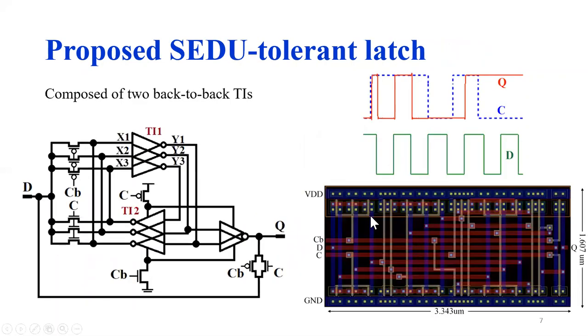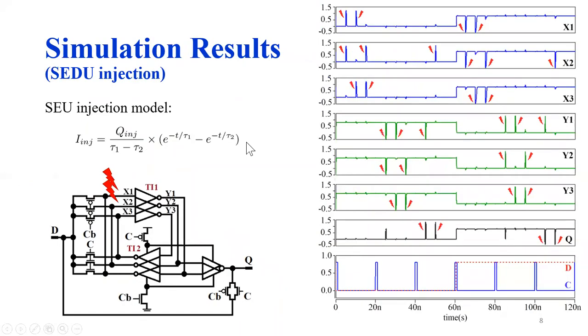So here is the proposed SEDU tolerant or immune latch design, which is composed of 2 back-to-back TIs. In this design, any combination of node pairs is immune against SEDUs. Here we are showing that the proposed SEDU latch is immune against particles striking any combination of node pairs.